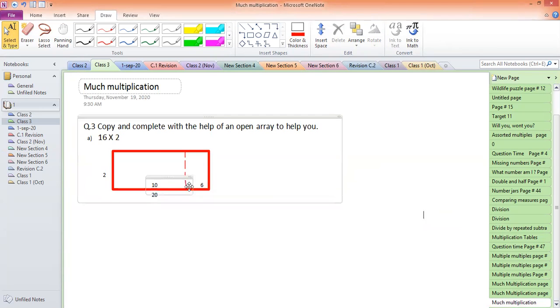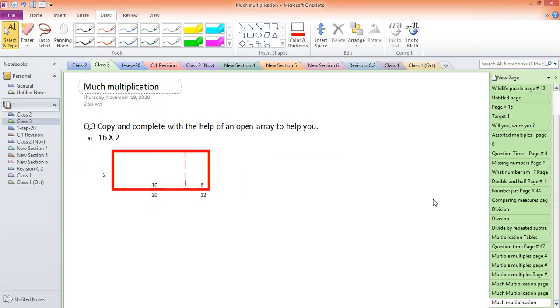And 2 multiplied by 6 equals 12. So you will write 12 here. Then you need to add it. 20 plus 12 equals 32. So 32 will be your answer.